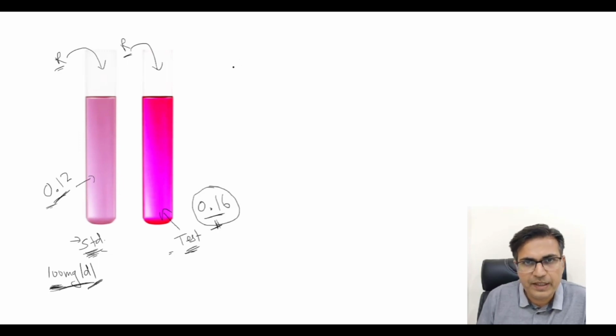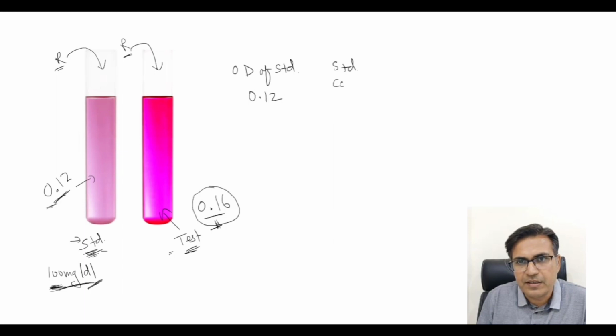So we have three things: OD of standard, that is 0.12, standard concentration, that is 100 milligram per deciliter, and OD of test, that is 0.16. So how much is the concentration of test?